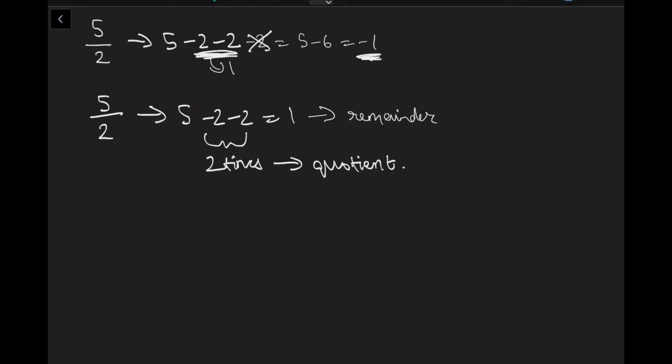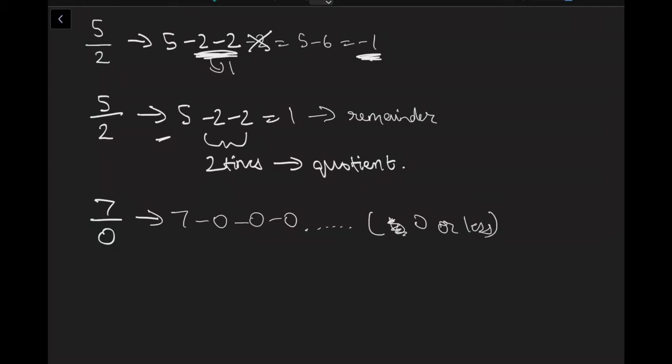Now let's get to the main topic we were talking about, that is division by 0. Let's take an example as 7 divided by 0. If we follow the same procedure, then we're going to have 7 minus 0 minus 0 minus 0, however many times till it reaches 0 or less.